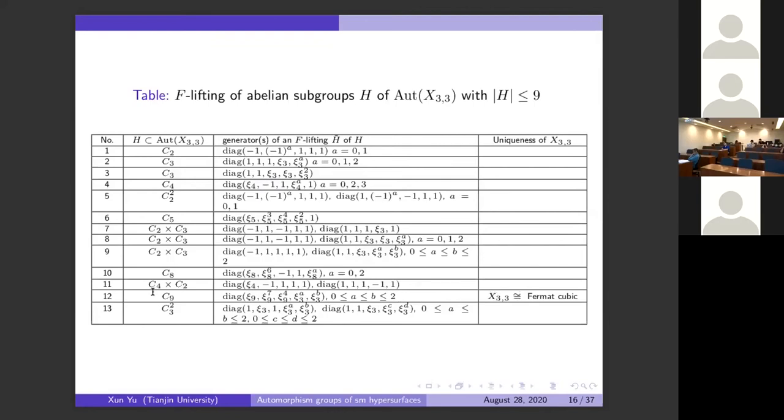For example, if we say an order 9 automorphism acts on a smooth cubic threefold, then the smooth cubic threefold must be isomorphic to the Fermat one. So this action is rigid. And of course, this is just a combination of F-lifting and then using smoothness, and then you get this table.